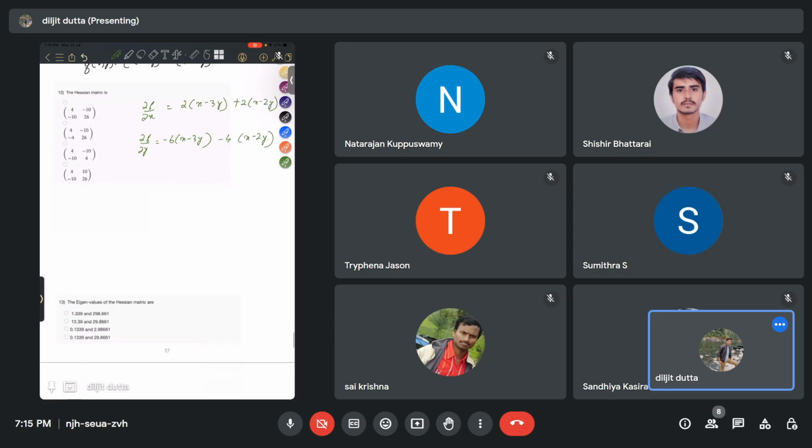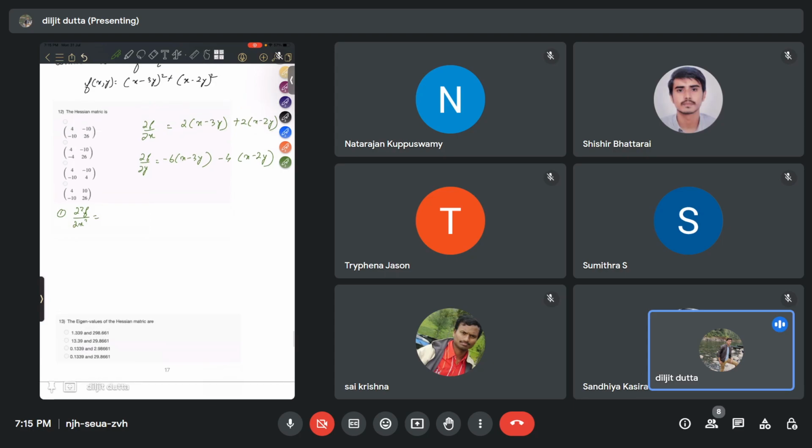So again, first term, del square f by del x square. We take the partial derivative of this with respect to x. So it will be 2 plus 2, which is equal to 4.